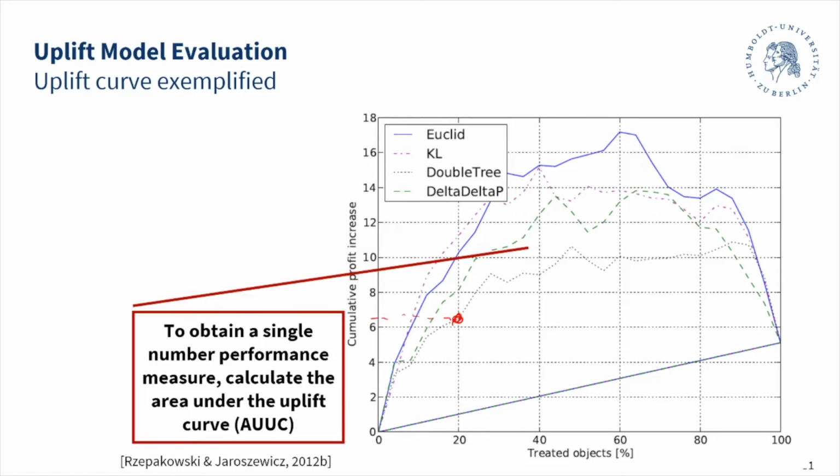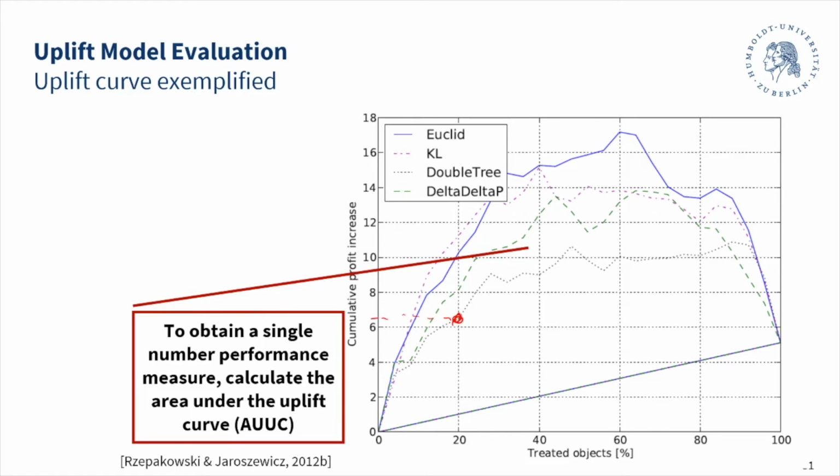Something like 6.2 maybe, in my example. That gives you the incremental profit per unit for this campaign size, for this mailing depth.